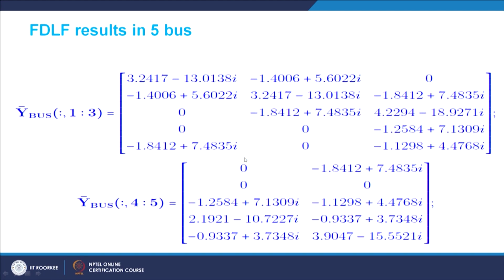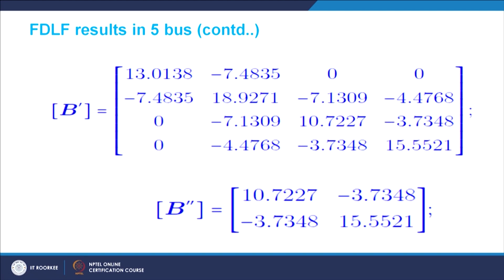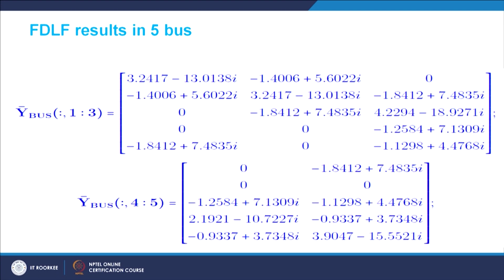Please note that whenever we form the B dash matrix, our indices go from 2 to 5. So we have to concentrate only on the part from the second row to the fifth row as well as from the second column to the fifth column.